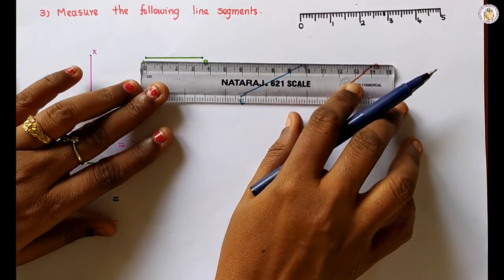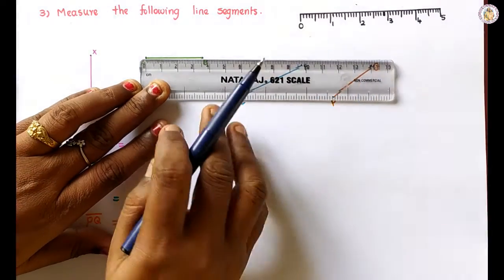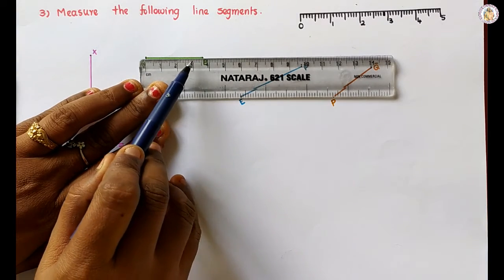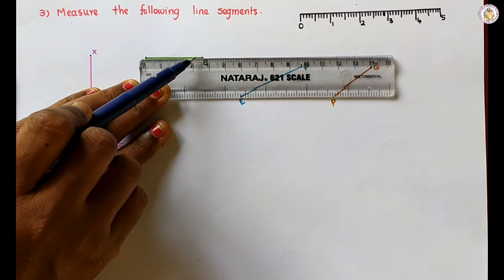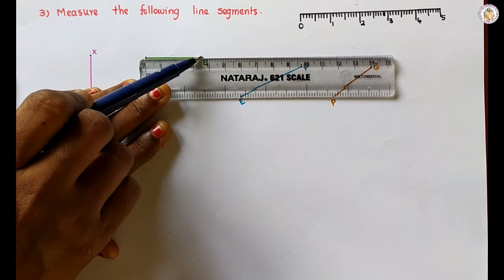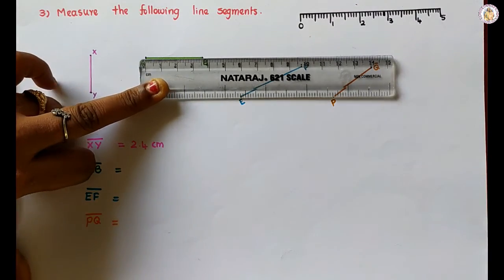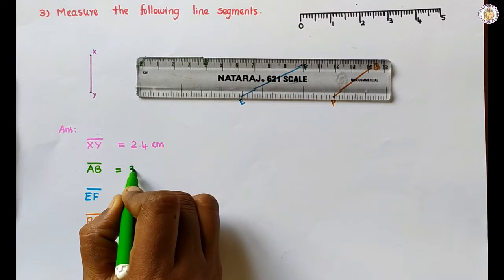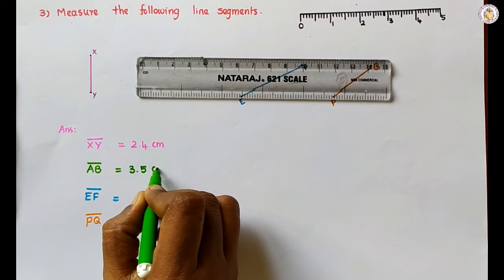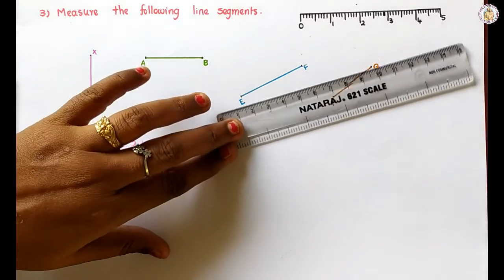Next one, AB. Listen, the centimeters. 3 centimeters. After 3, 3.1, 3.2, 3.3, 3.4, 3.5. The end is at 3.5. Write down AB. Line segment AB is 3.5 centimeter. And then third one, EF.